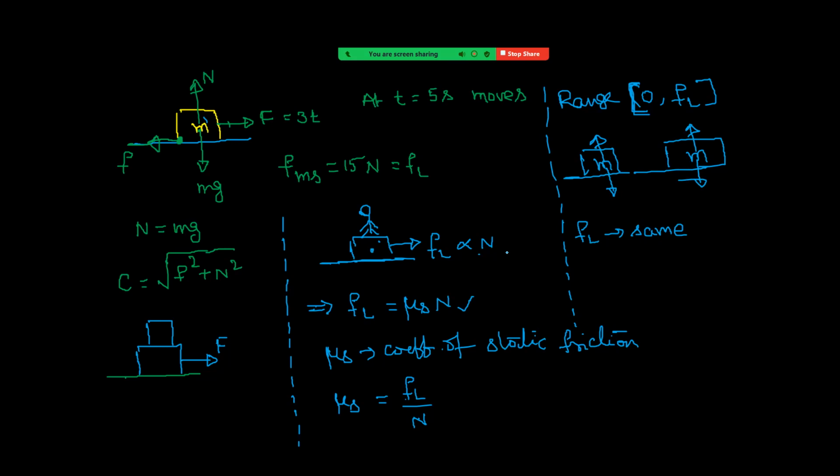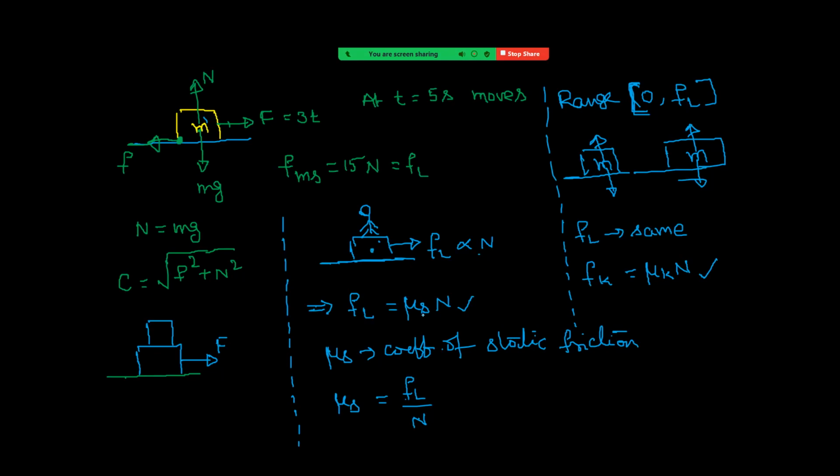Okay? Right. Next, once a body comes into motion, then friction is called kinetic friction or sliding friction or dynamic friction. And that value is given by Fk equal to mu k into normal reaction. So coming to kinetic friction, there is no confusion. First, we have to find normal reaction. Once it is known, multiply that with the coefficient of kinetic friction.